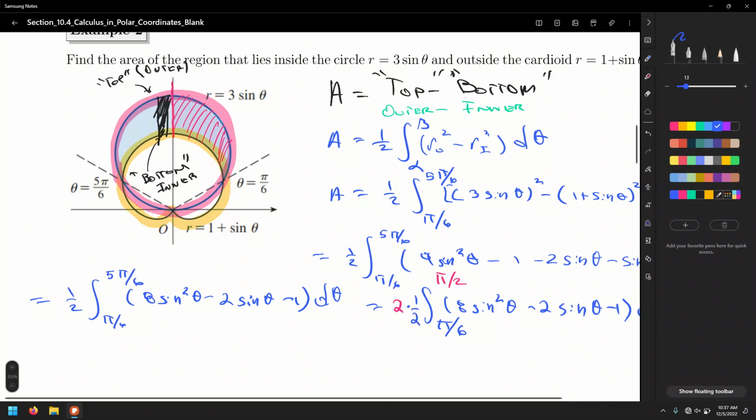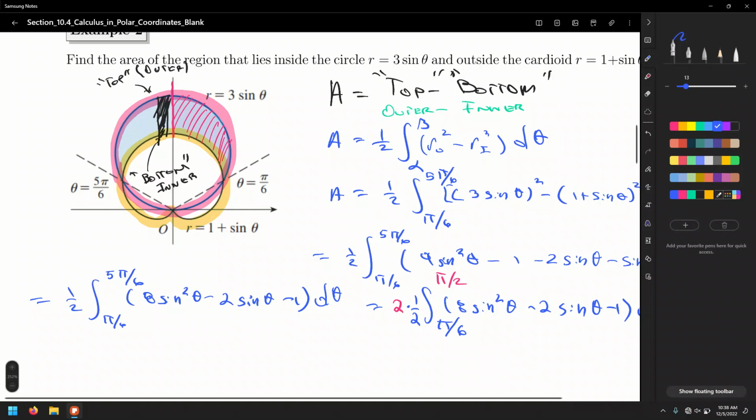It's actually going to make it easier, because we will be integrating sines and cosines, and evaluating sines and cosines at pi over 2 is going to output numbers, zeros or ones. So we can simplify a lot of work as opposed to evaluating at pi over 6 or 5 pi over 6, which would give maybe 1/2, root 3 over 2, weird numbers, right?